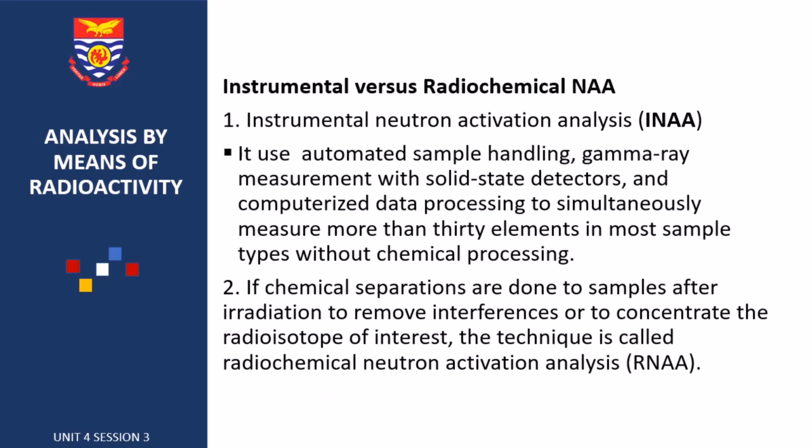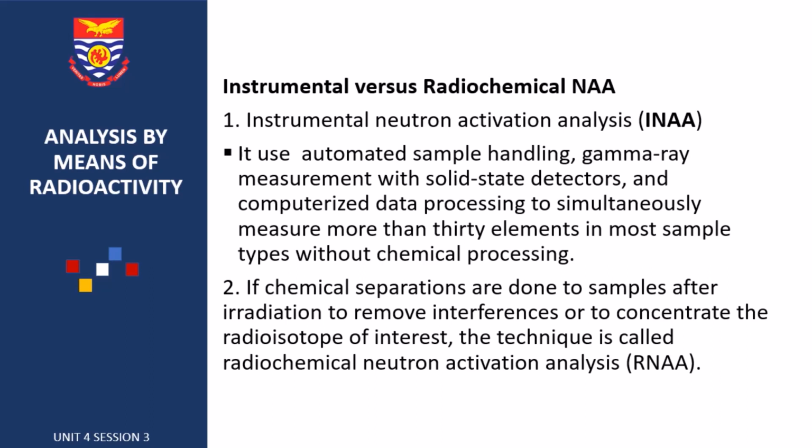Other forms of the neutron activation analysis technique are the instrumental neutron activation analysis, and radiochemical neutron activation analysis. So let's look at the instrumental neutron activation analysis, which is abbreviated as INAA.